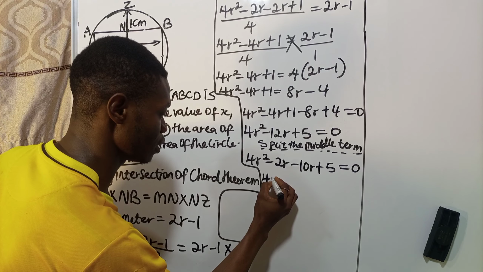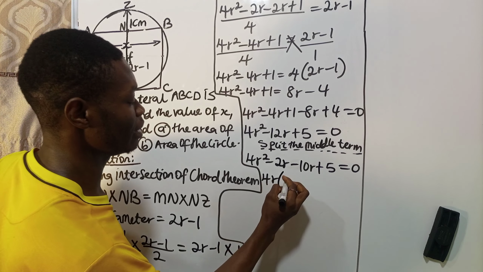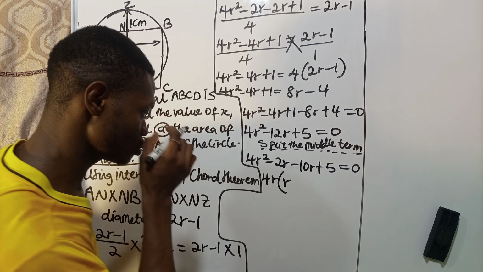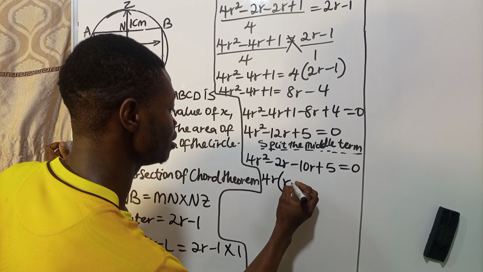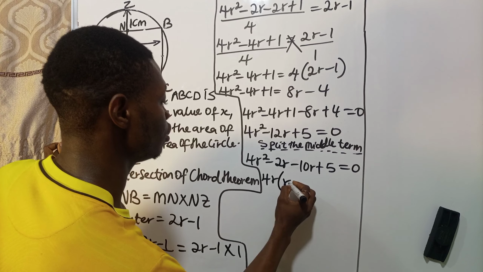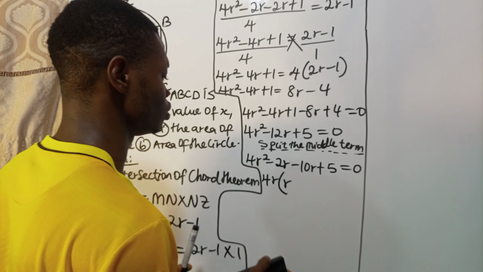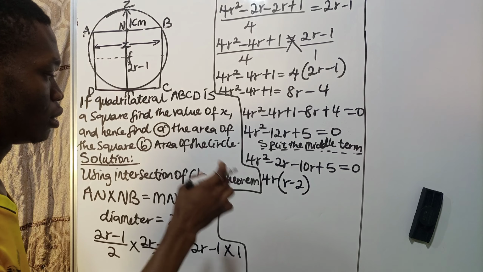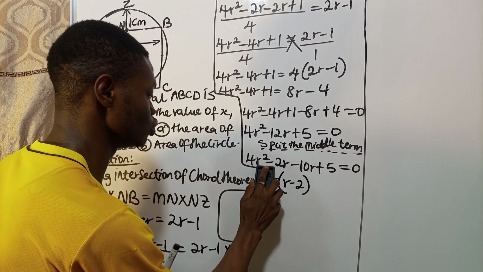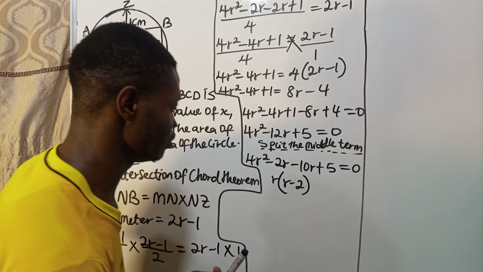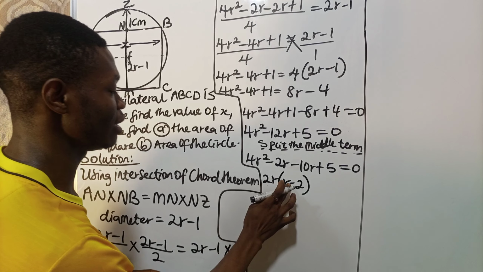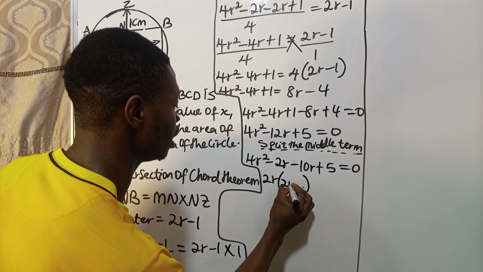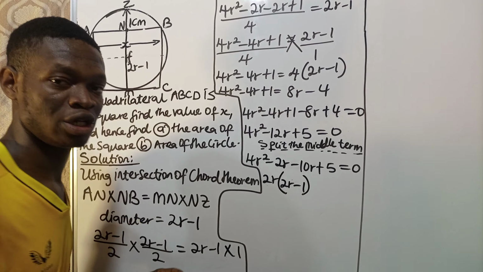So 4r squared divided by this will give me 2r. Then 2r divided by this will give me minus 1. It will be better like that.